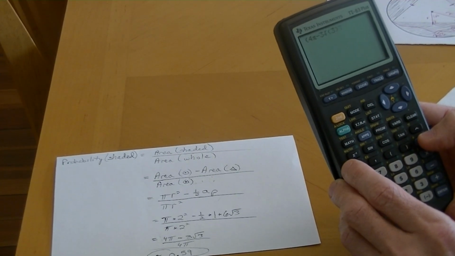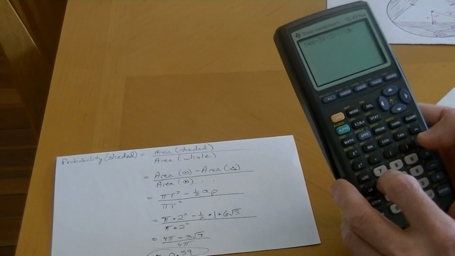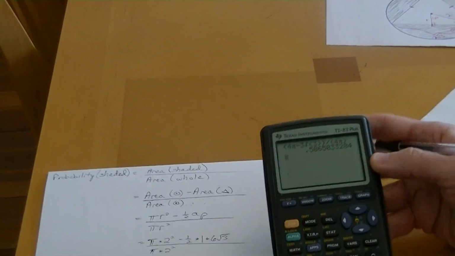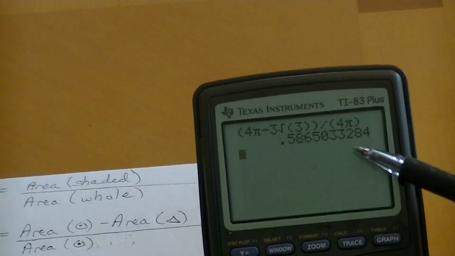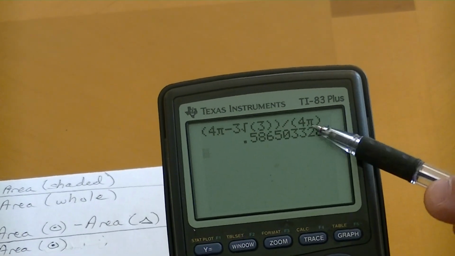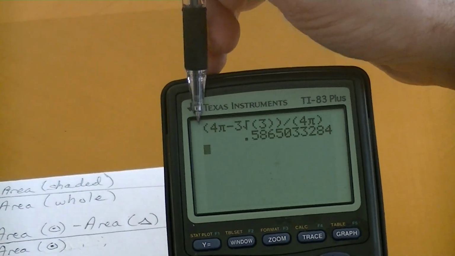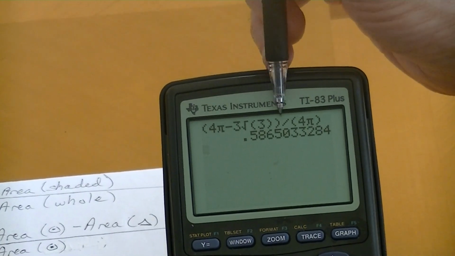Divided by 4 pi. All right. So look at all those parentheses. Parentheses here to say that the 4 and the pi as a group are in the denominator. This parenthesis and this parenthesis are to represent where my numerator begins and ends.